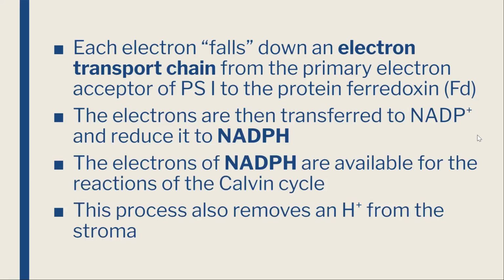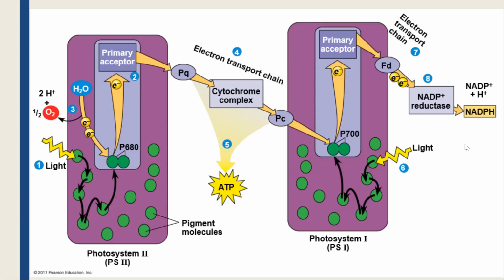And as it goes down the electron transport chain, then that electron is going to go to make NADPH. So the NADP plus is going to pick up the electrons and hydrogen ions and make NADPH. So this diagram here kind of sums up the light reactions. So you've got, again, light hitting the pigments, getting electrons excited.